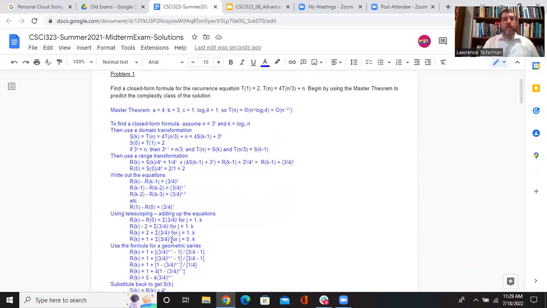Well, all these cancel out except for the first term and the last term. That's what you see over here. This is after the telescoping: all those intermediate terms cancel out except for the first and the last.